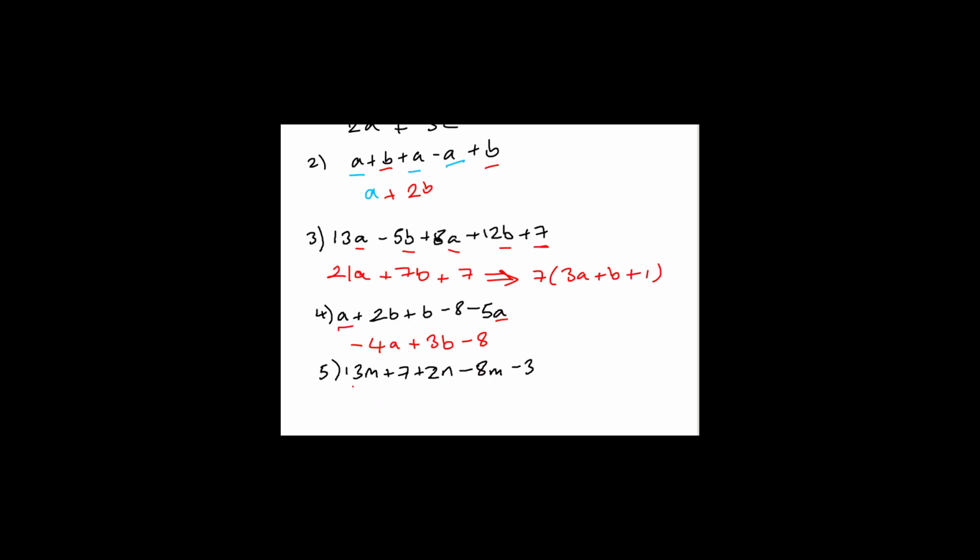And finally this one, 13m plus 7 plus 2n minus 8m minus 3. Let's put the m's together. 13 minus 8, 5m, plus 2n, and then 7 minus 3, that's plus 4.